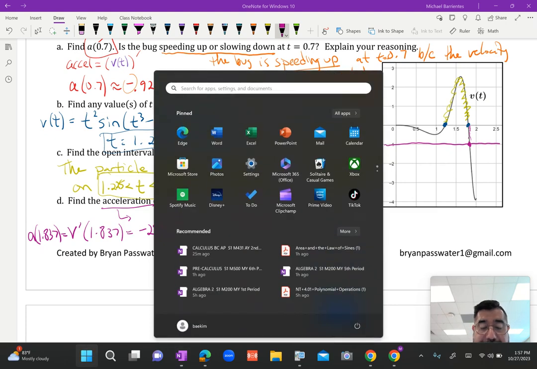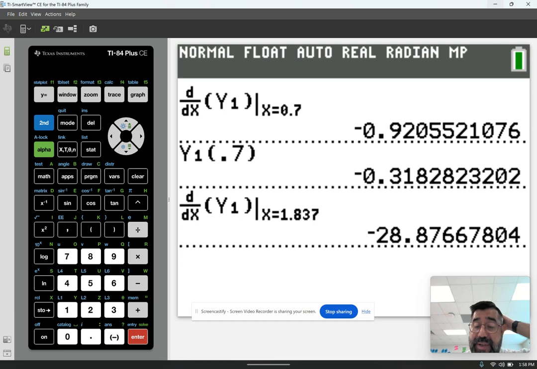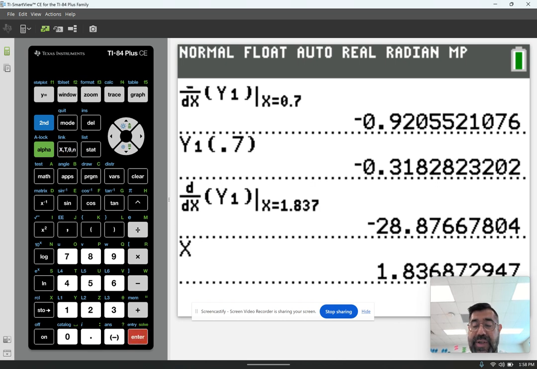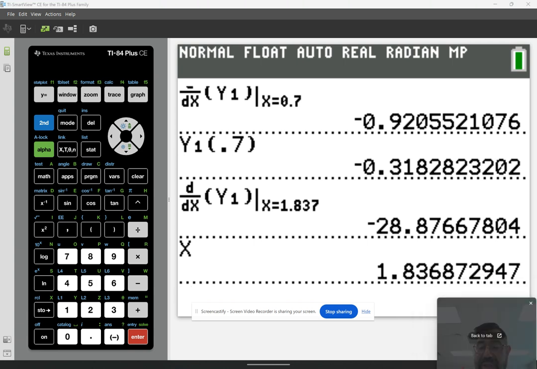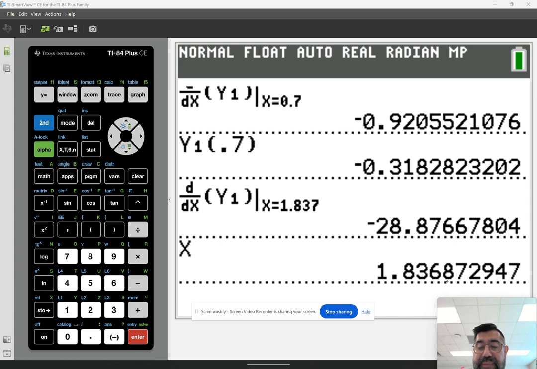I do want to point something out, and this will be helpful. If I press X and press enter, notice how the calculator remembered the X value of the intersection point. The calculator has like short-term memory. Whatever the last X value you found, it still remembers it.